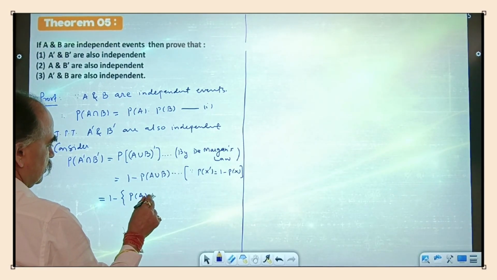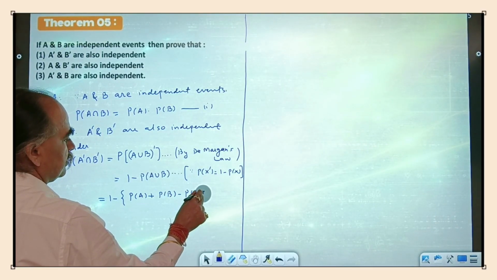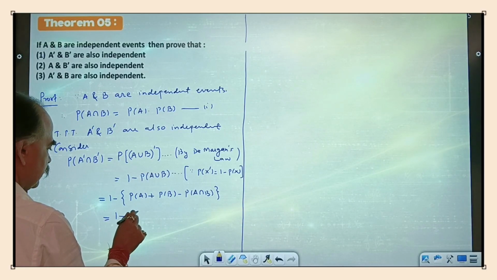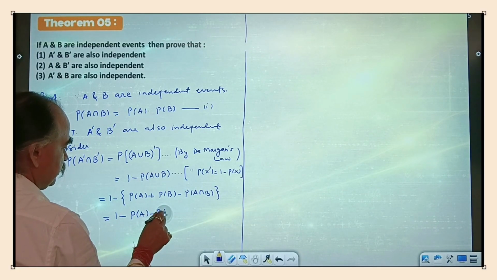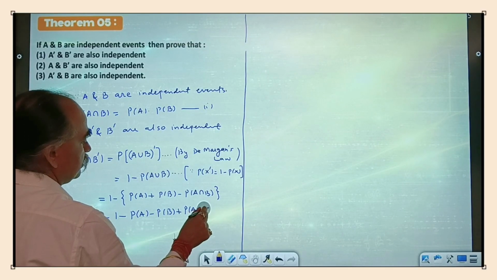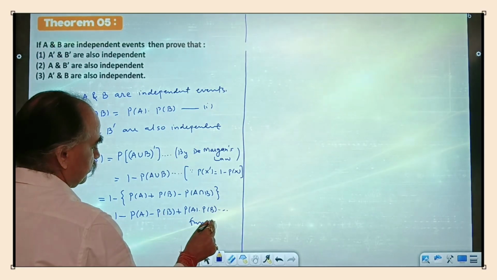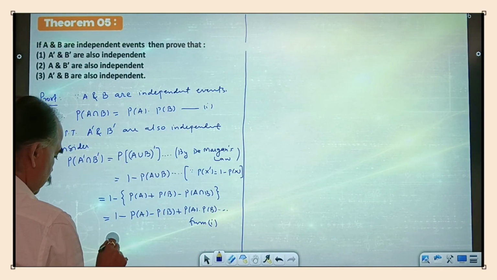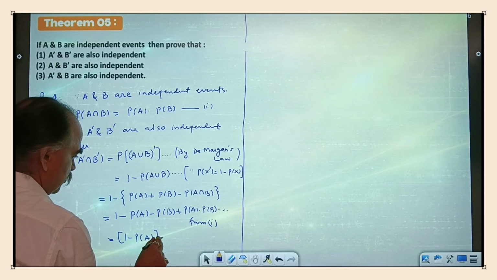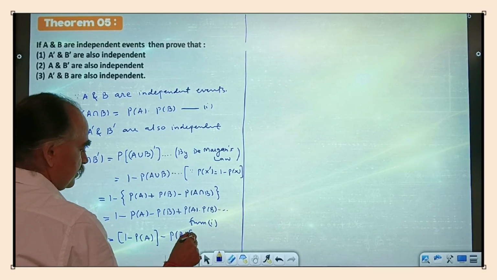P(A) plus P(B) minus P(A intersection B). 1 minus P(A) minus P(B) plus P(A) into P(B), reason from 1. 1 minus P(A) write in one bracket, minus P(B) common, 1 minus P(A).